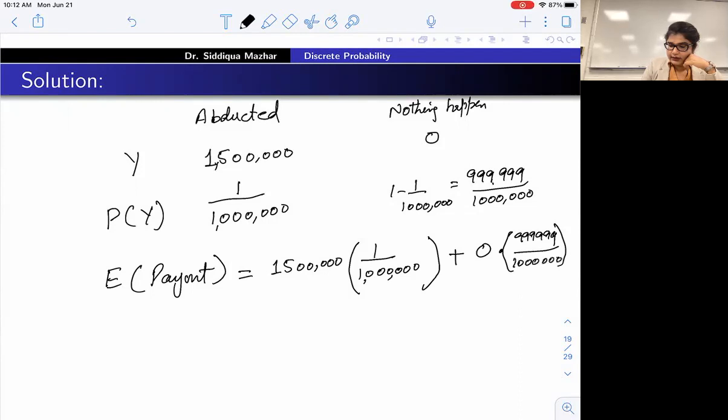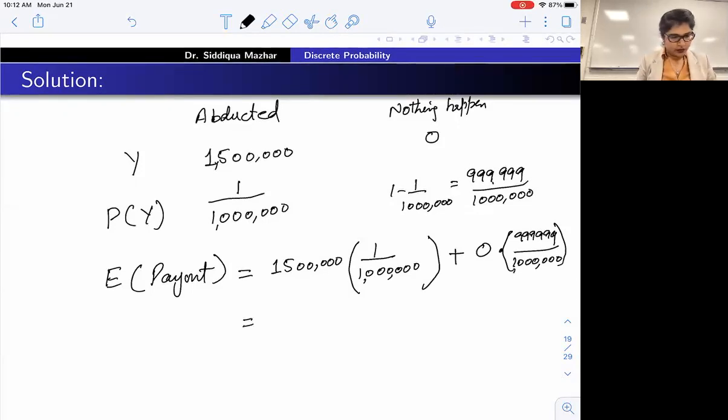This is how you are going to write it. If you simplify it, what will it be? These are 5 zeros and these are 5 zeros. So it's 15 by 10, which is 1.5, right? So they are going to pay $1.5. It's not millions anymore, because you have divided the zeros of the millions with the zeros of the million. So this is the expected payout for the company.